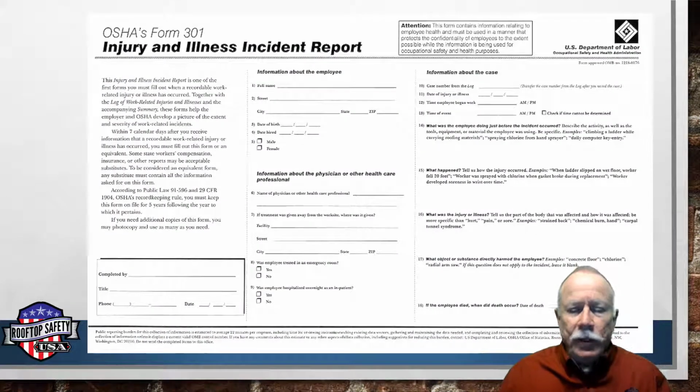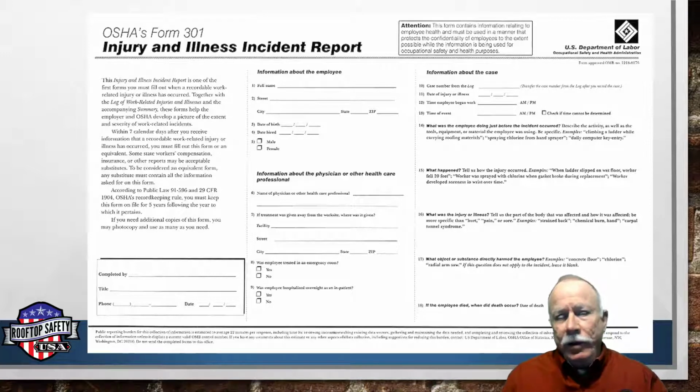This is a copy of the OSHA 301 form. You can see the different sections of the form. There's information about the employee. There's information about any healthcare provider that treated the person, where that treatment took place.